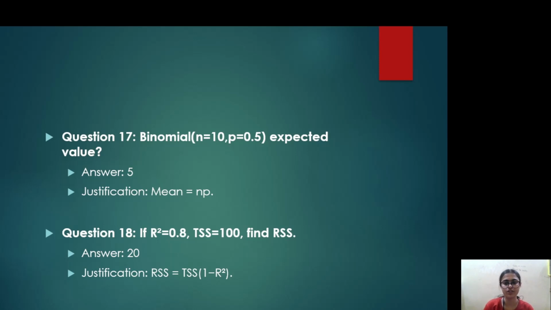And we know the relation that r square is equal to 1 minus RSS divided by TSS. So from this we can rearrange to find RSS. That is, RSS is equal to TSS into 1 minus r square, and if we substitute the values, we'll get RSS is equal to 20. So the residual sum of squares is 20, which means the remaining unexplained error in the model is 20 units.